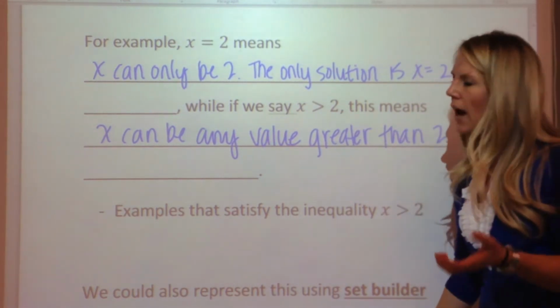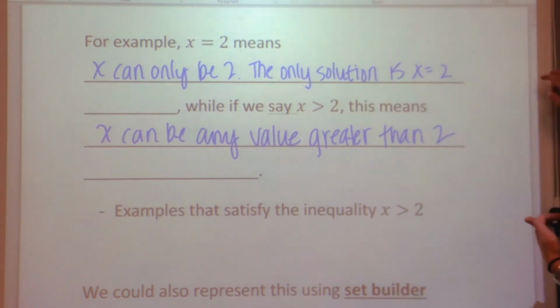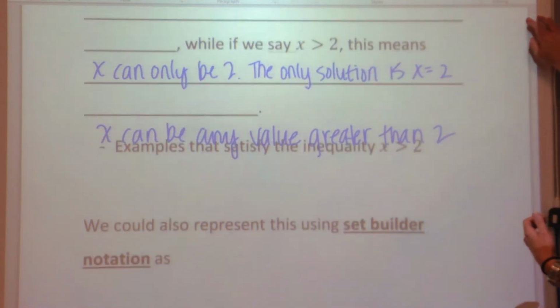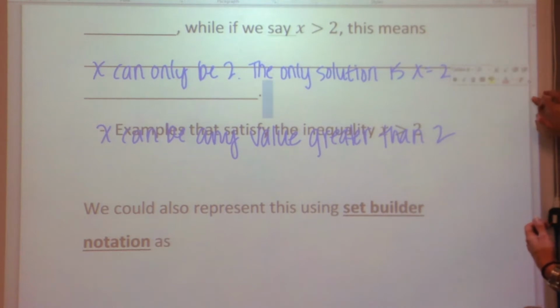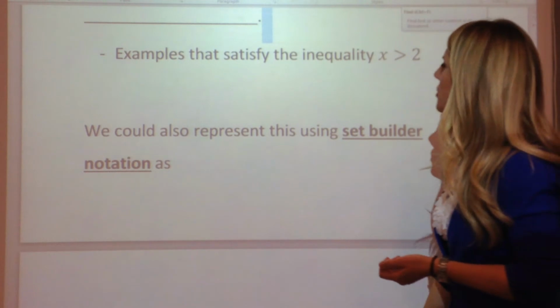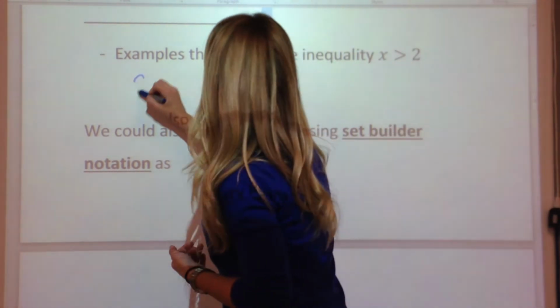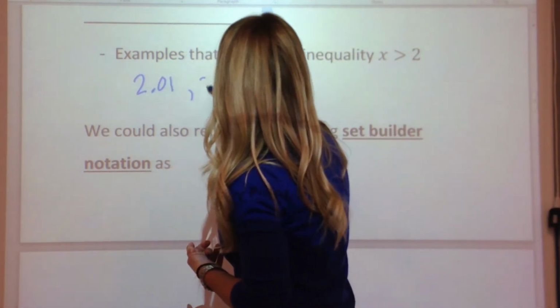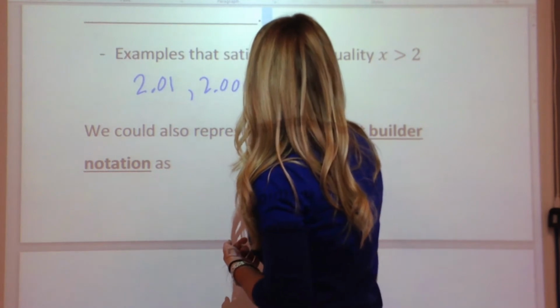So let's look at that. I verbally gave you some examples, but let's actually look. Okay, what's going to satisfy this inequality? What's going to make the inequality true? So some examples that would make the inequality true for x is greater than 2. We could say 2.01, 2.00001.